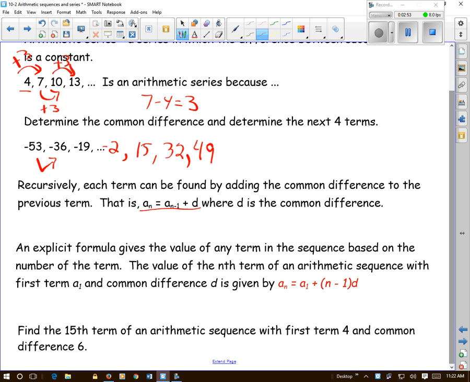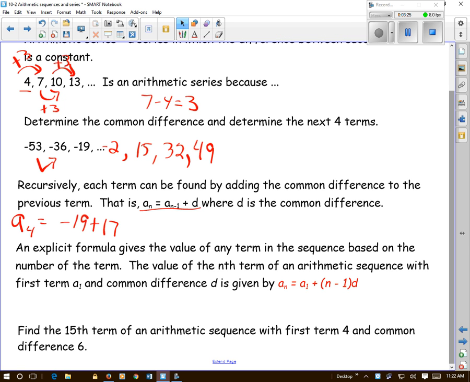So for the previous one, we had a negative 19. If we want the term after that, a sub 4 is equal to negative 19 plus d, which was 17, not 8. That gave us the negative 2, and so on. So each time we take that, and that's a recursive formula.